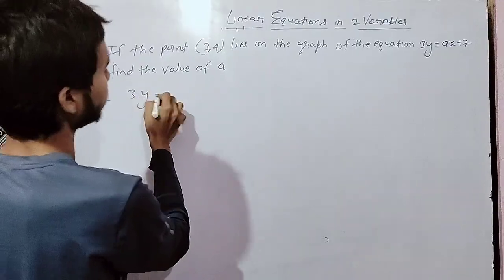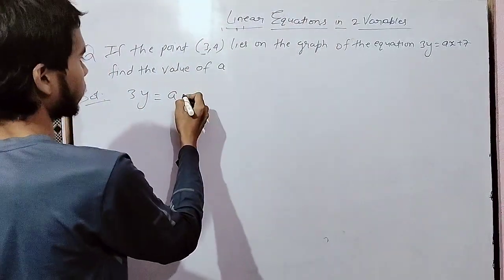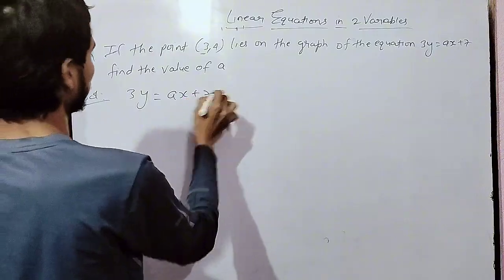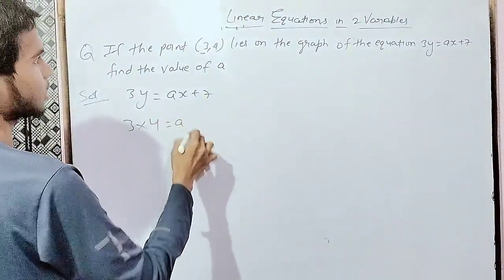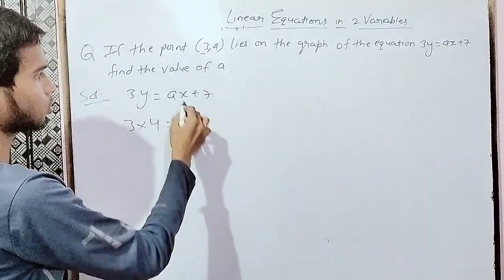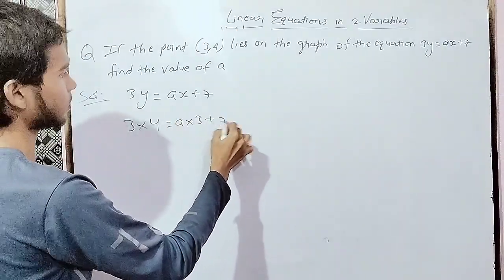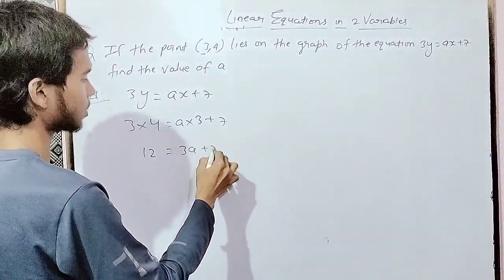So what is the equation? 3y is equal to ax plus 7. Okay, 7. Now y is 4 and a is an unknown number. So x is 3, 12 equals 3a plus 7.